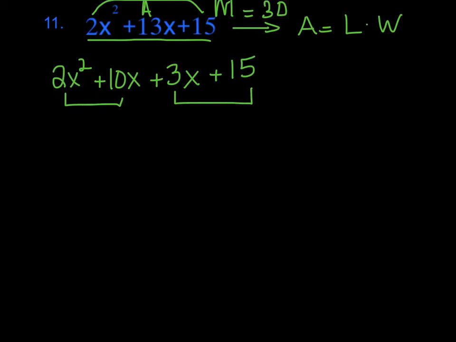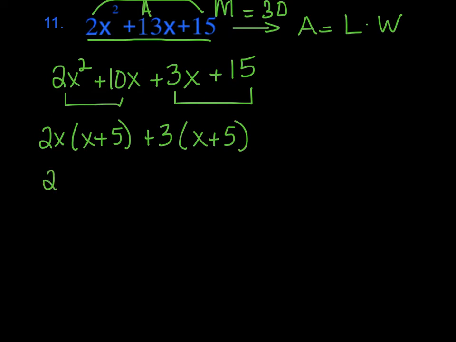Out of the first two terms, I can take out a 2 and an x, which is going to leave me with x plus 5. And out of the second two terms, I can factor out a 3, and that's also going to leave me with x plus 5. So I'm going to take the 2x and the 3, bring those together in one set of parentheses, and then the common term goes in another.